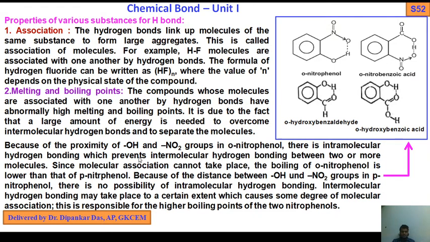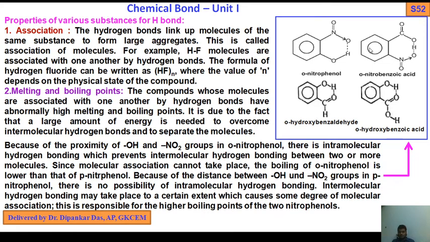Because of the proximity of the OH and NO2 groups in orthonitrophenol, there is an intramolecular hydrogen bonding which prevents intermolecular hydrogen bonding between two or more molecules. Since molecular association cannot take place, the boiling point of orthonitrophenol is lower than that of paranitrophenol.